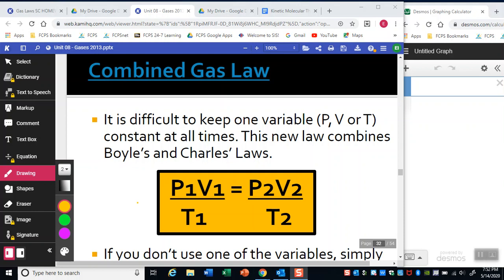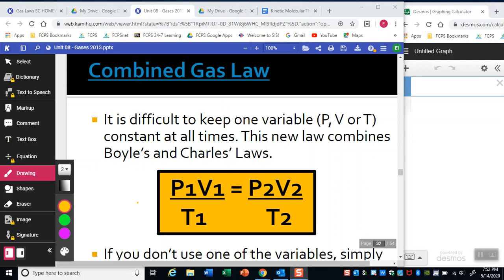So it is difficult to keep one variable, pressure, volume, or temperature constant at all times. And this new law combines Boyle's and Charles's laws. Here's Boyle's law with pressure and volume, and here is Charles's law with volume and temperature.